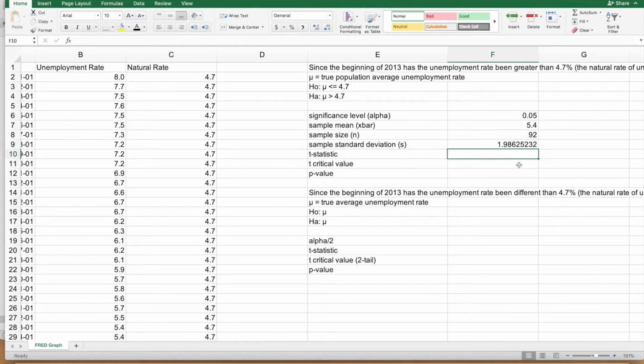So to get a t statistic, we're going to take our x bar, subtract our null mean, 4.7, and then divide by the standard error.